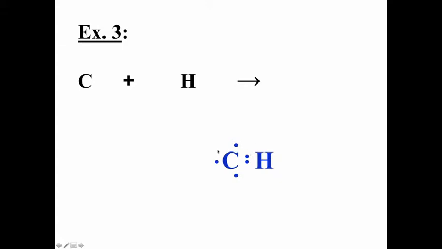Now that does not give carbon an octet, but if a second hydrogen bonds, and then a third, and then a fourth, we now have 2, 4, 6, 8 electrons around the carbon, and we have a bond to each of 4 different hydrogens, and this is the molecule methane, and this is the Lewis dot structure for that.